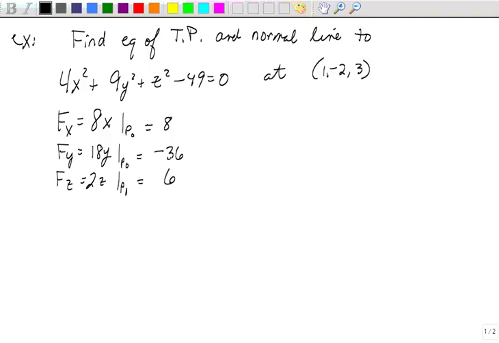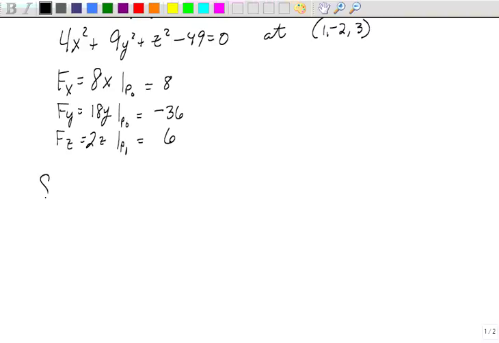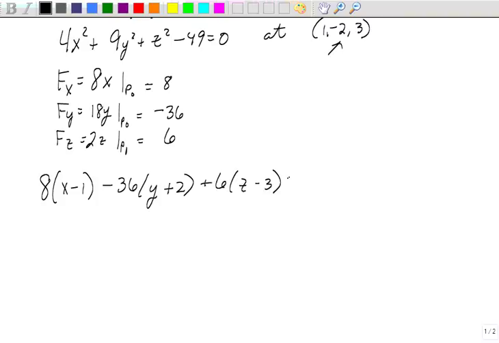So using the first equation, let's call this star 1 and this star 2, we're going to have the equation being 8(x minus 1), we use the point there, minus 36(y plus 2), we're using this point, plus 6(z minus 3) equals 0.